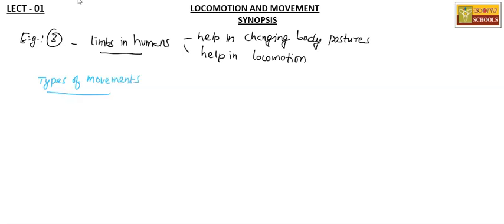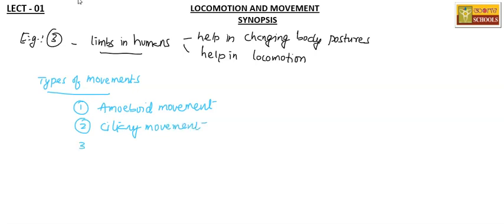There are three types of movements. One, amoeboid movement. The second one is ciliary movement. Just now we have seen in the case of paramecium the ciliary movement, which helps in capturing food and also helps in locomotion.